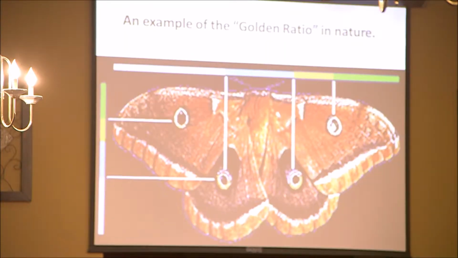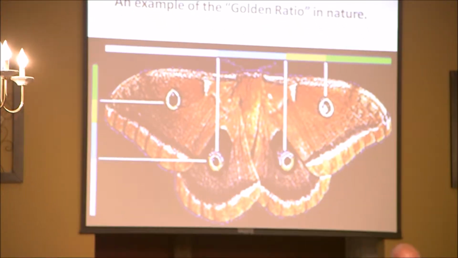But we see it in nature. The golden ratio shows up, I have to always stop and look at this one. The golden ratio between the dots on the wings fits into the Fibonacci pattern. Now, it's a little hard to see, but that's getting you started. It's there.